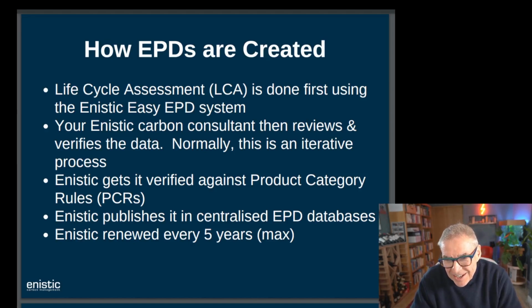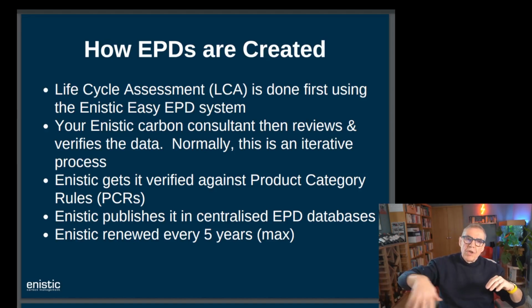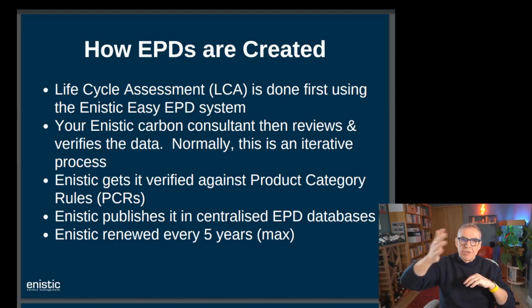An LCA looks at the impact of a product from when it was first in the ground, or if you're taking out raw materials in the ground or in the trees, whatever it is, right through the shipping of it to the factory to manufacture.